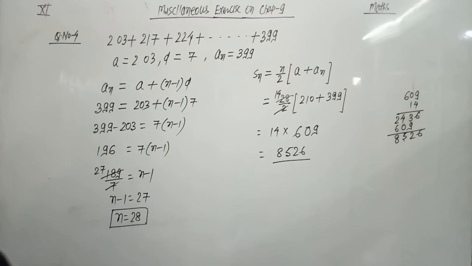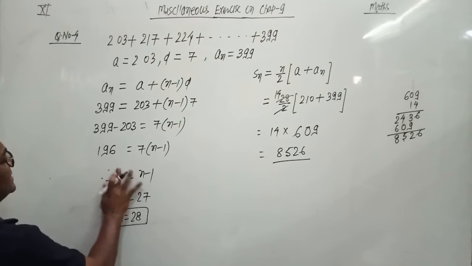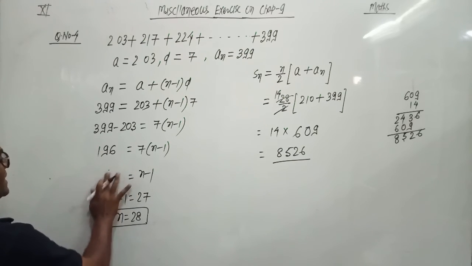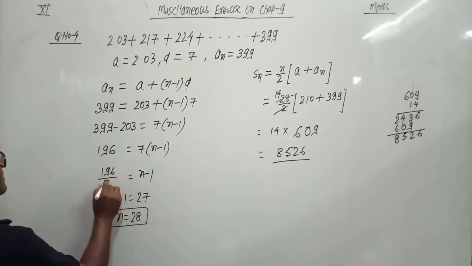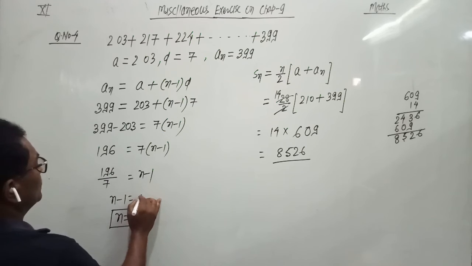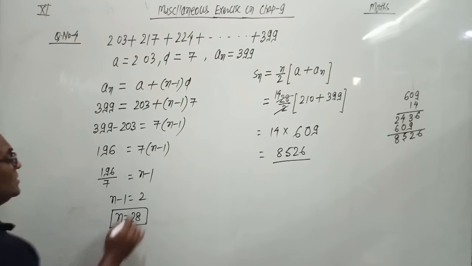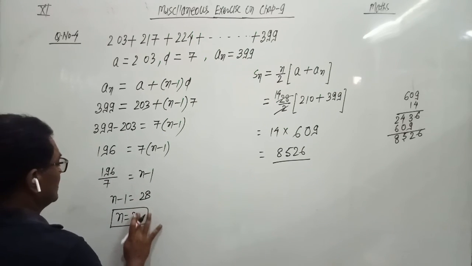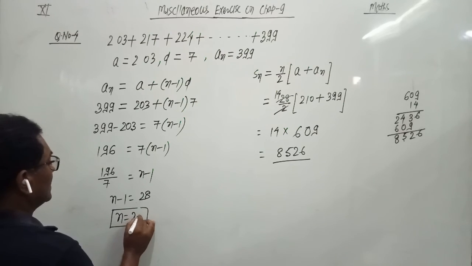And 196 divided by 7, we get 7 into 2 is 14, 28. And the value of n comes to be 29.